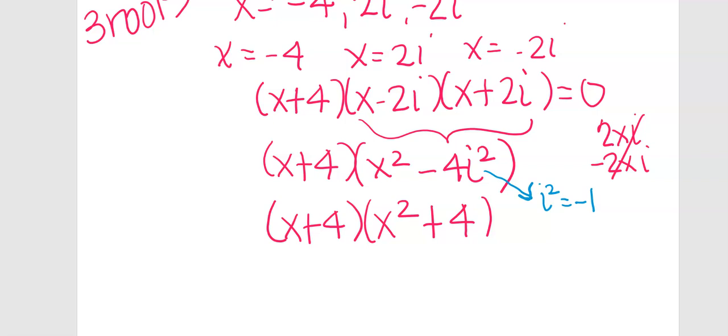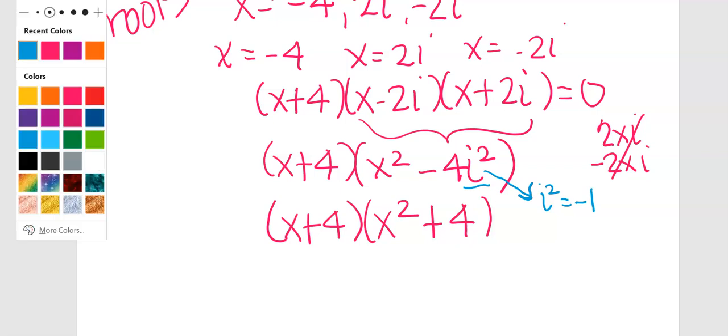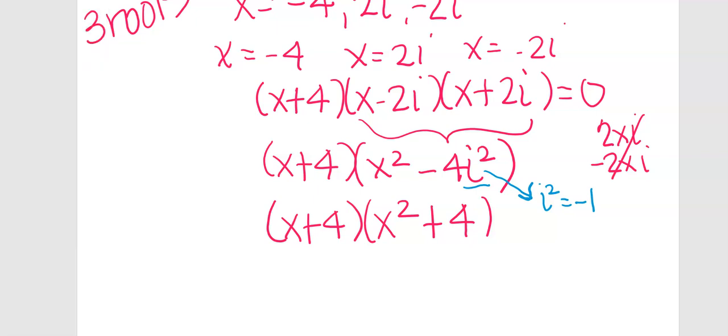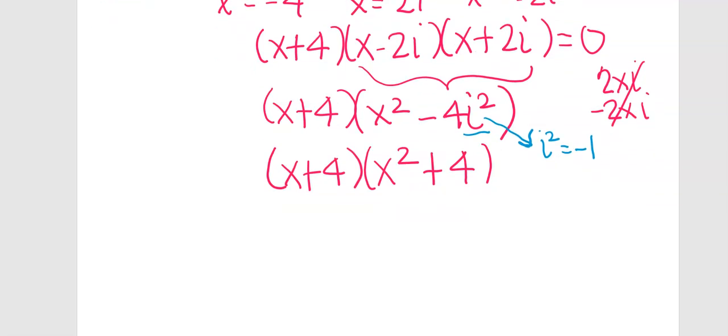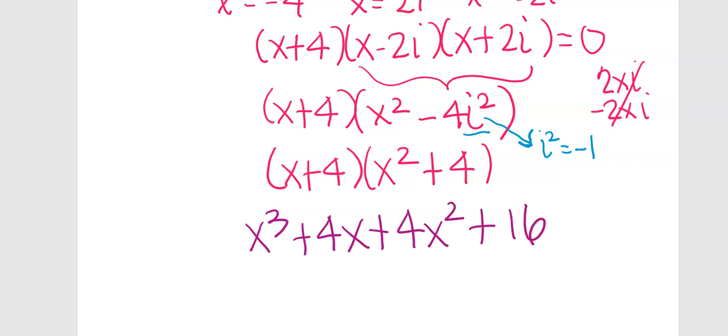So basically, I'm converting my i squared into a number, and the value that i squared stands for is a negative 1. So I'm substituting the negative 1 in there, and negative 4 times negative 1 is 4. Because you don't want those i's left in there because you're going to have to do a lot the next time. Now we have to multiply these two, so we're going to do that. FOIL. X to the 3 plus 4x plus 4x squared plus 16. And I'm going to reorganize them so they are in descending order.